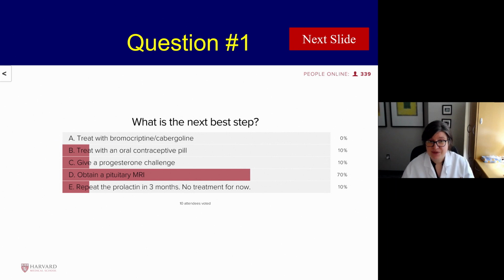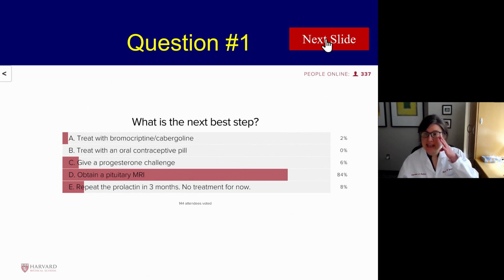So it looks like most people think obtaining a pituitary MRI is the next best step.